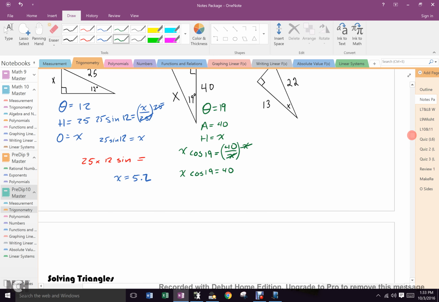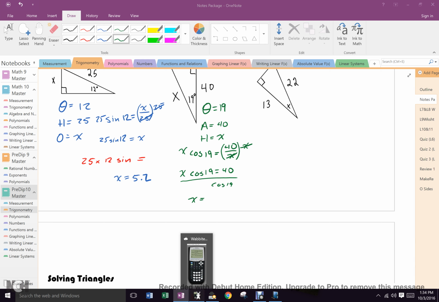So I divide both sides by cos 19. Now, the answer will be 40 divided by cos 19, but that's not the point here. The point is I want to recognize the shortcut, which is when the letter's on the bottom, you divide. When the letter's on the top, you multiply. That's it. So now you can save yourself some time.